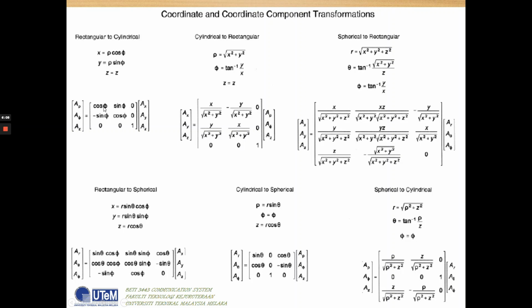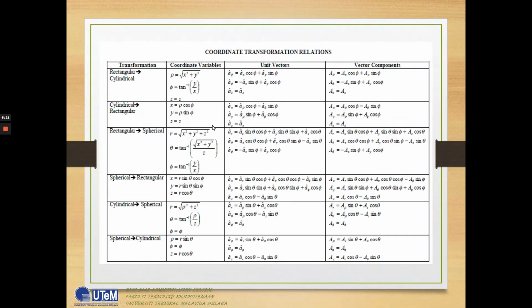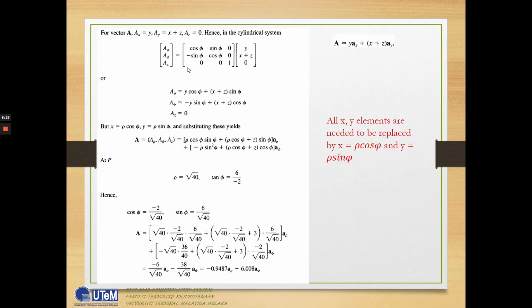From rectangular to cylindrical we use this one, right? So we have rectangular already, ax, ay and az we know already, and we will find a rho, a phi and a z. So this is the formula, and we know what is given here.